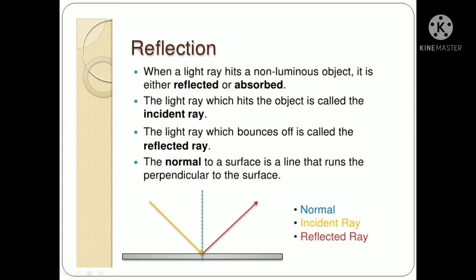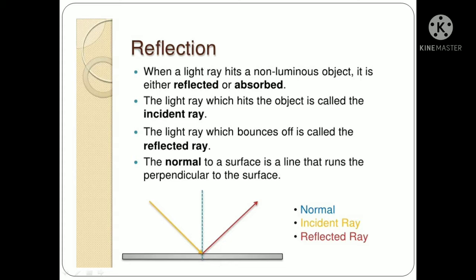When the light ray hits, you can see the incident ray. On the side, the normal is given in blue color, the incident ray in yellow color, and the reflected ray in red color. So when that light ray hits a non-luminous object, like the plane of a table, it is reflected or absorbed.